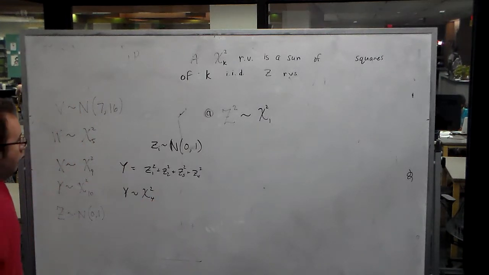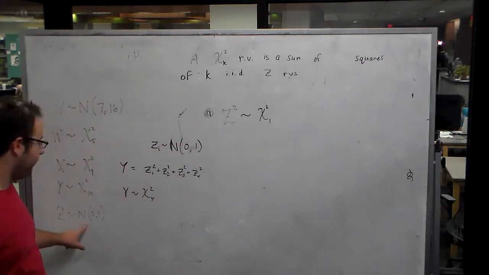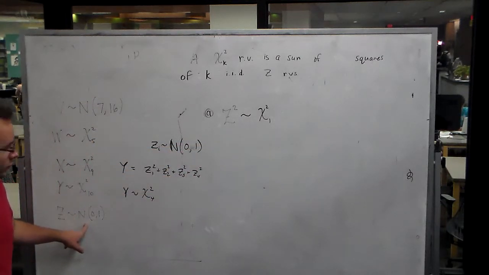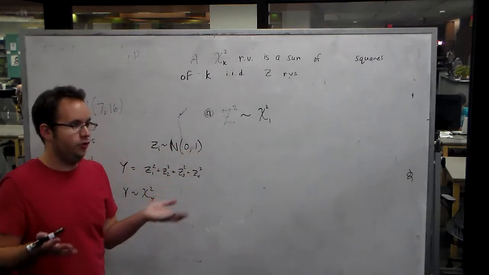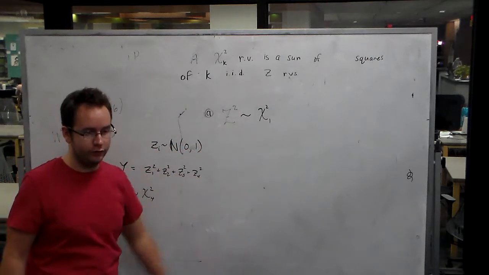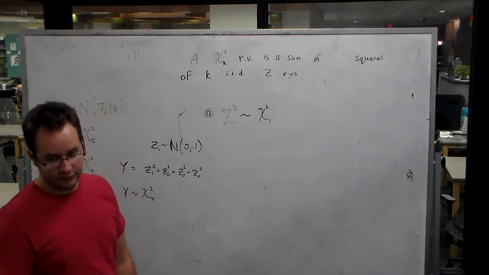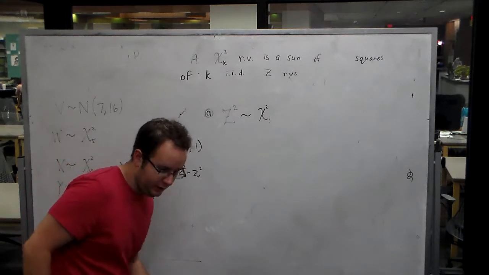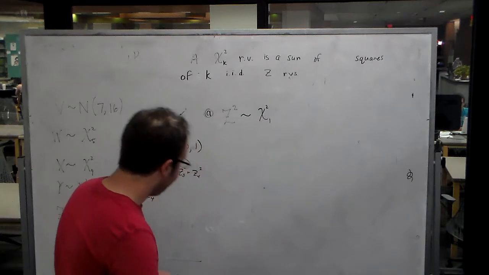Since Z is from the standard normal and we're squaring it, it's just 1 all by itself, so it's a chi-square distribution with 1 degree of freedom. Make sense?